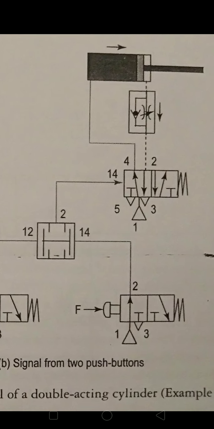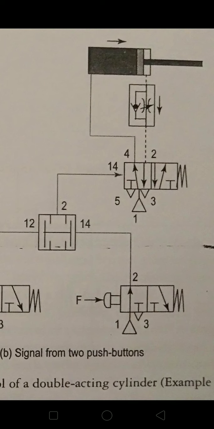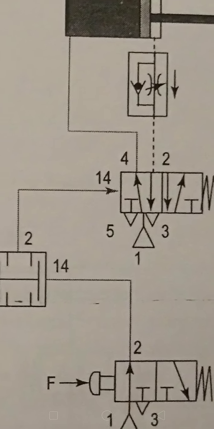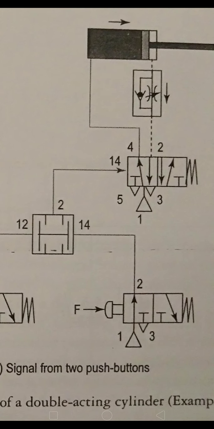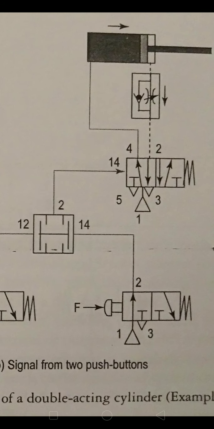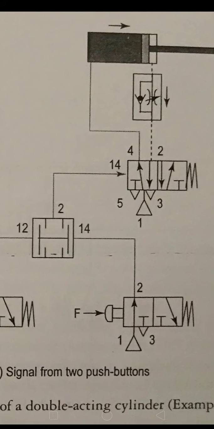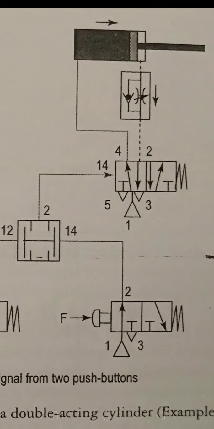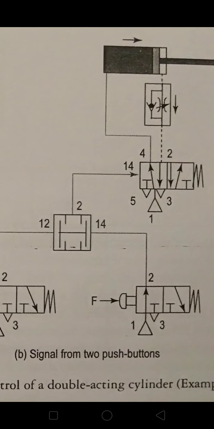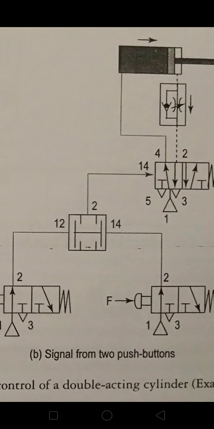So 1 is connected to 4 in a 5/2 DC valve, pneumatically operated, and from 4 it will move to the left side of the piston port. So it will push the piston towards the right, and exhaust will come through the throttle control valve here. This is the signal from two push buttons.